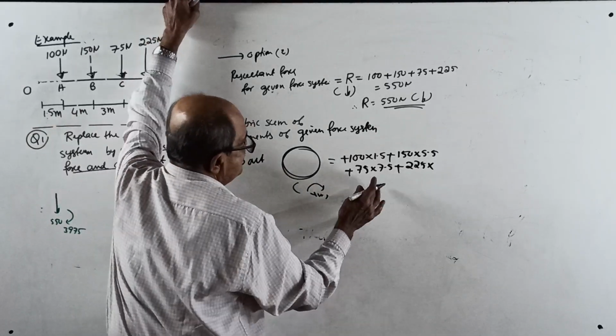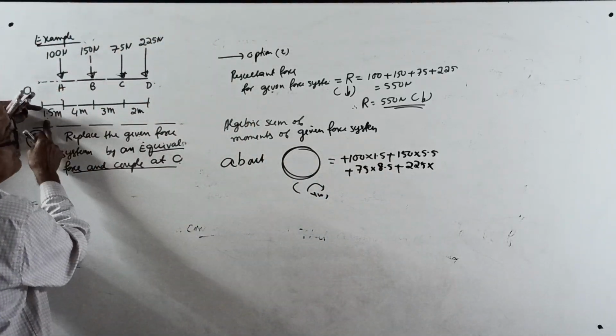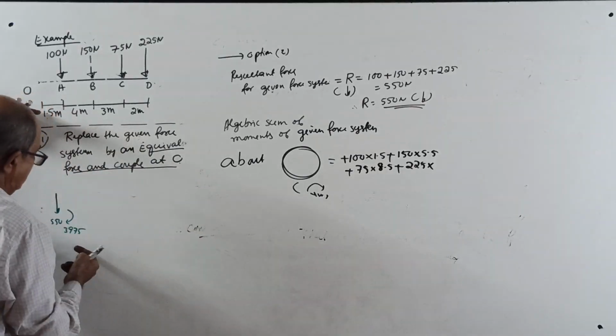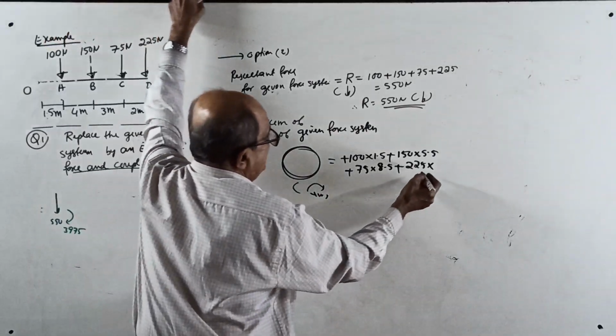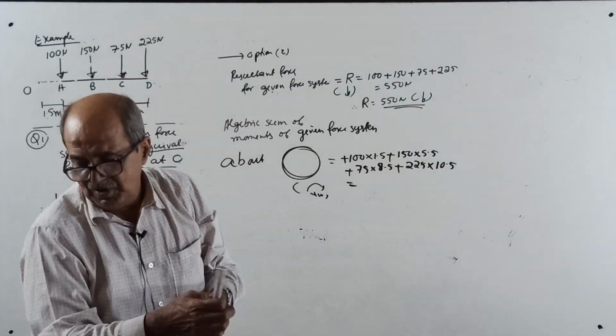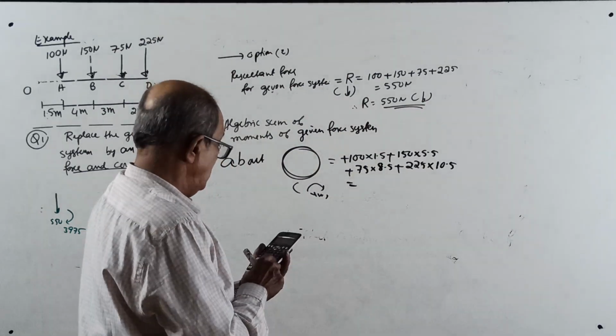Also you see 8.5: 1.5, 5.5, 4 plus 3, 7, 8.5. Then only the same answer will come. Actually checking is not required, but let me check it, because by mistake I took 7.5 earlier.